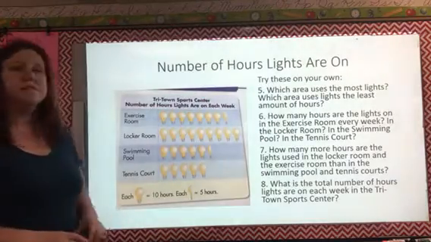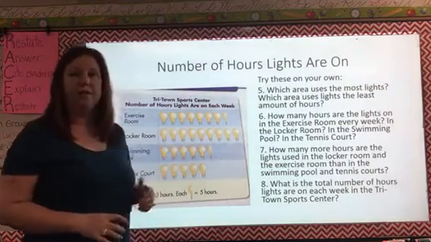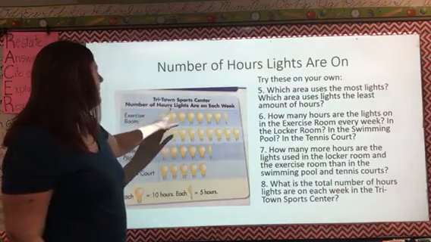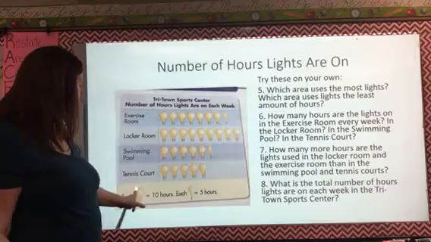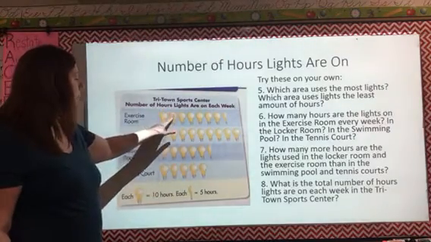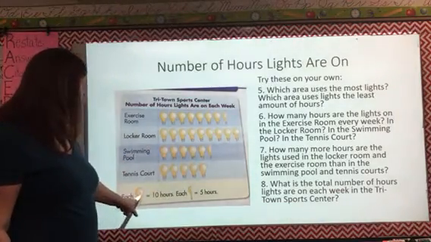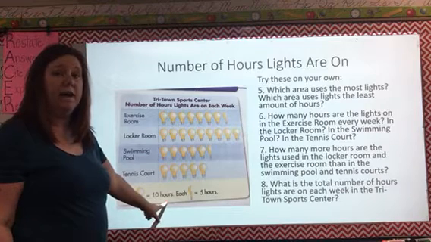All right, this is our last one that we're going to do today. This is, again, a pictograph because it shows pictures. Tri-Town Sports Center, the number of hours the lights are on each week. Now remember what we said earlier, you have to look to the bottom to see how many hours each of these light bulbs represents. Each light bulb equals 10 hours. So you have to count by what?